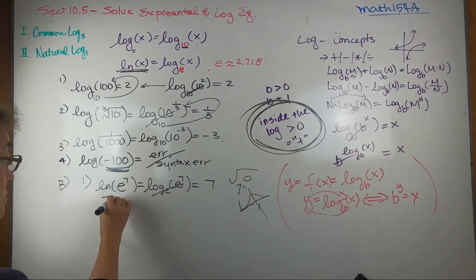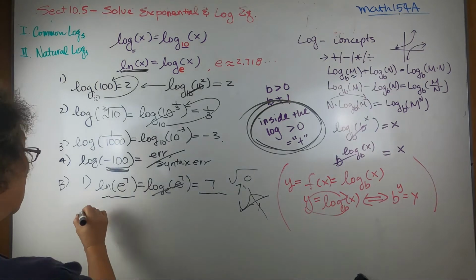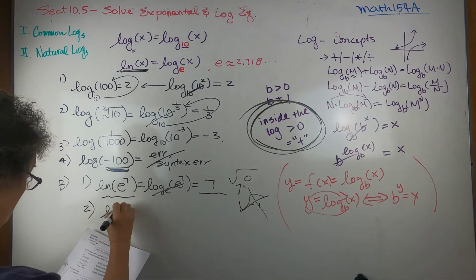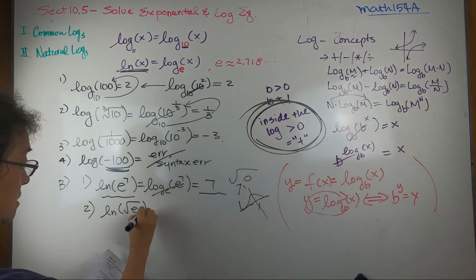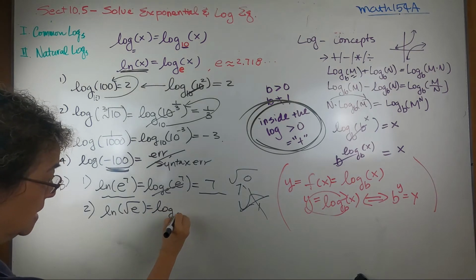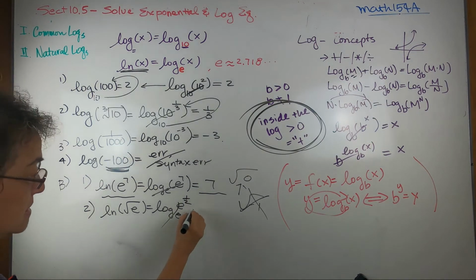We need to use those kind of properties, okay, to solve your word problem apps. So if natural log square root of e, so what do? So it's a log base e, right? Then this is e to the half power, so like this.